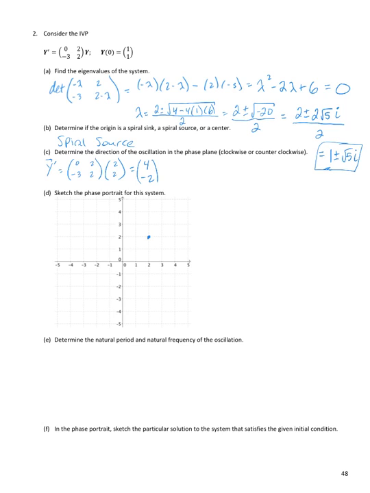So I'm going to draw a vector here in the 4, negative 2 direction, which would be right and down, something like that. So I know that this is a spiral source, which means it's going to start at the origin and spiral out. And I know that by the time I hit 2, 2, it's going to be heading in this direction. So it must be going like this.